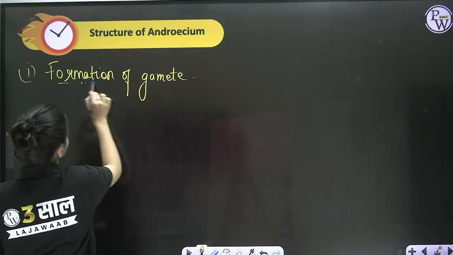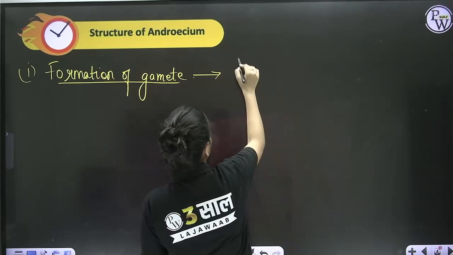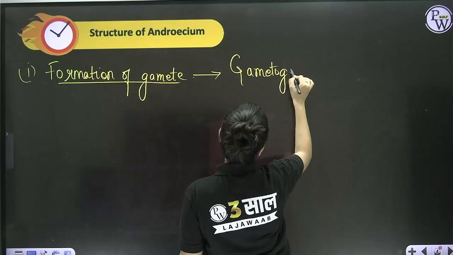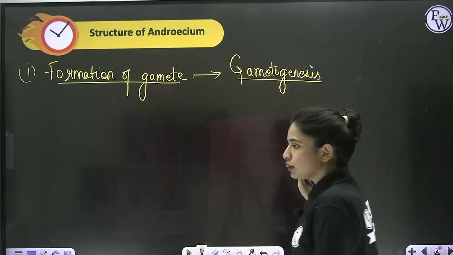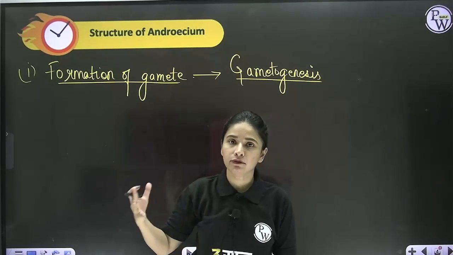This formation of gamete process is known as gametogenesis. So basically for reproduction you need two gametes, male gamete and female gamete.